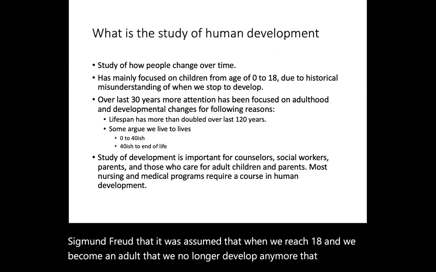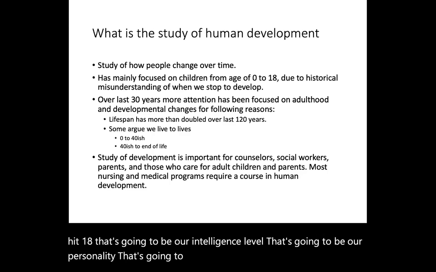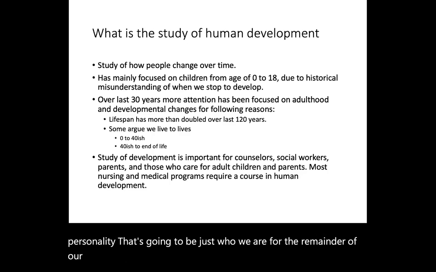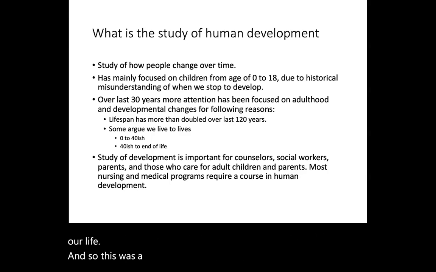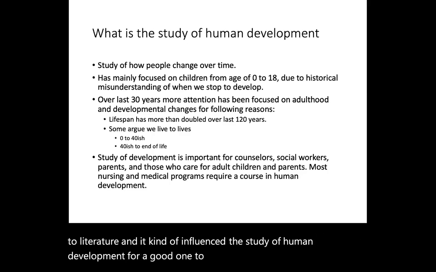That once we hit 18, that's going to be our intelligence level, our personality, just who we are for the remainder of our life. This was a big misunderstanding in the human developmental literature, and it influenced the study of human development for a good 100 to 200 years.